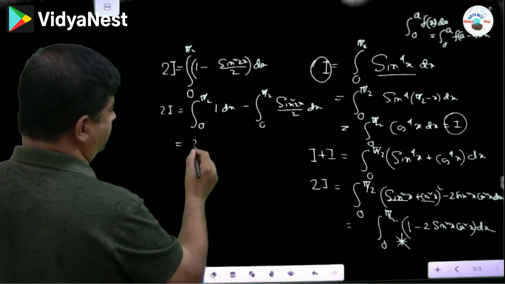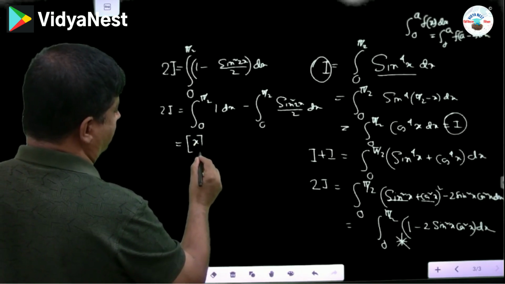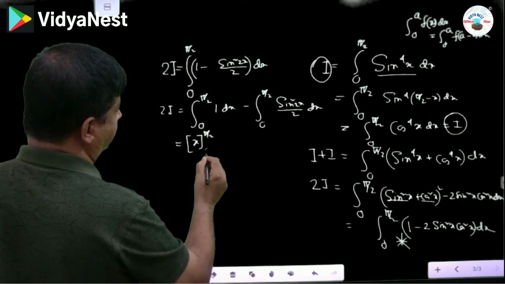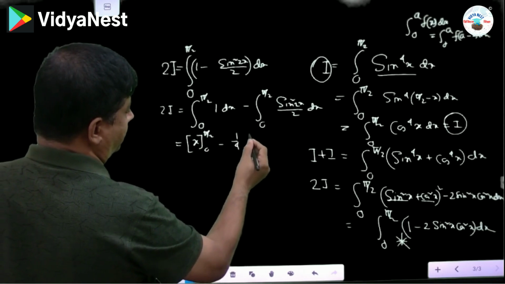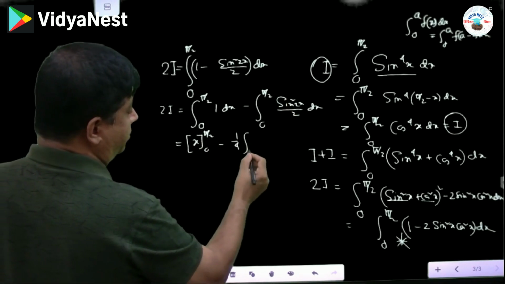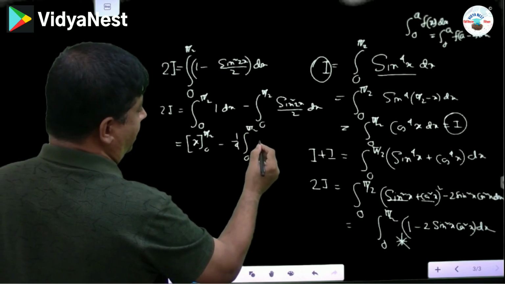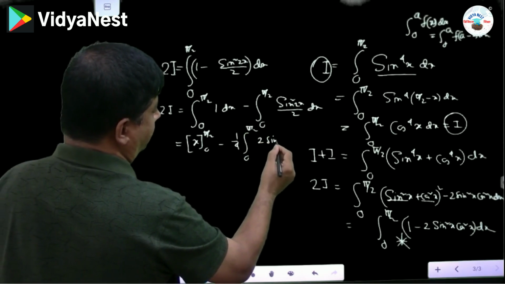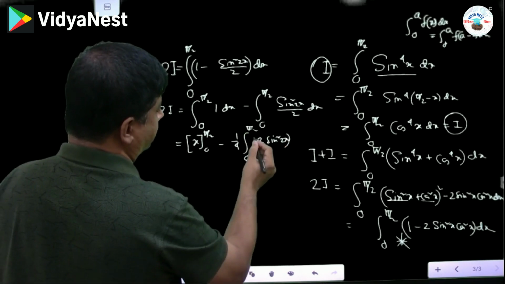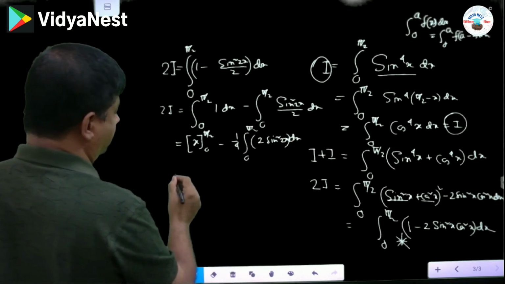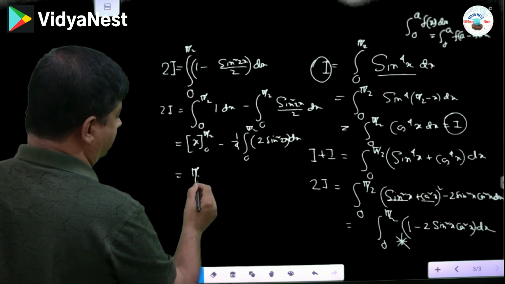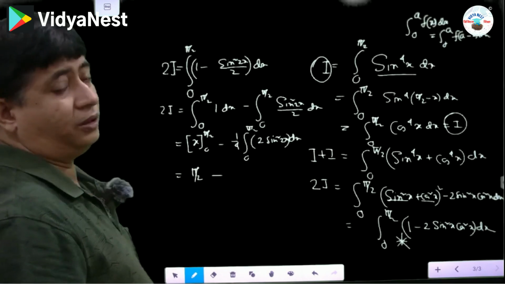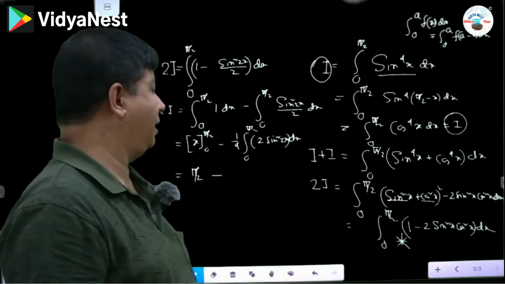See, this part integration will be done. 1/4, you introduce 1, 2 and use the formula of multiple angle. Pi by 2, no point of putting the lower limit.